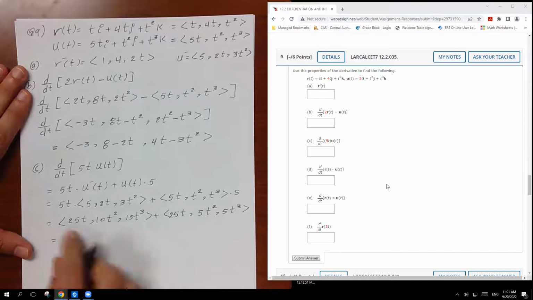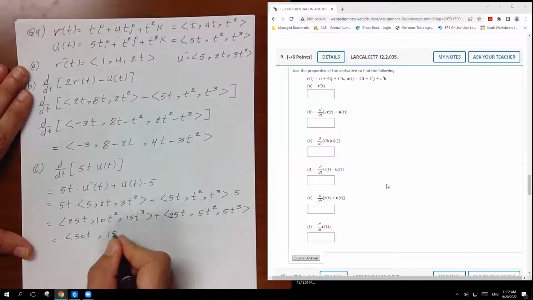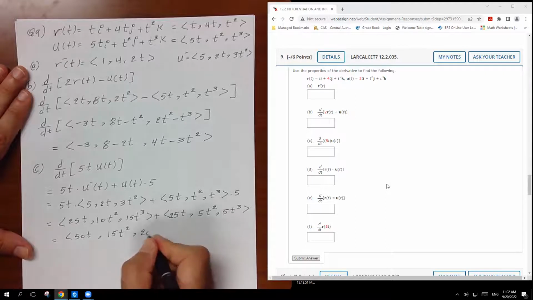So now we're just going to add these together. So it's going to be 50t, and 10 we can add with this one, is going to be 15t squared, and it's going to be 20t cubed.